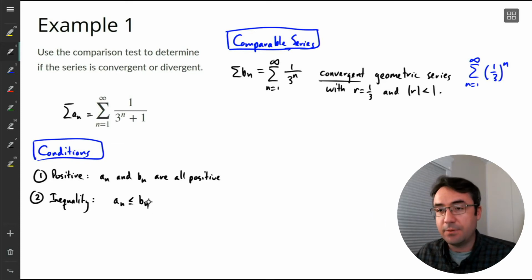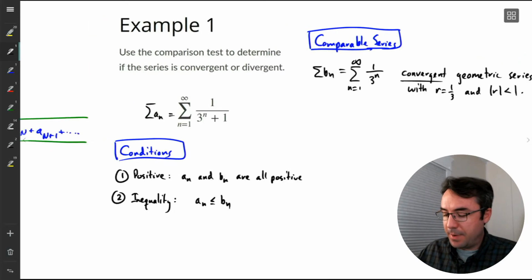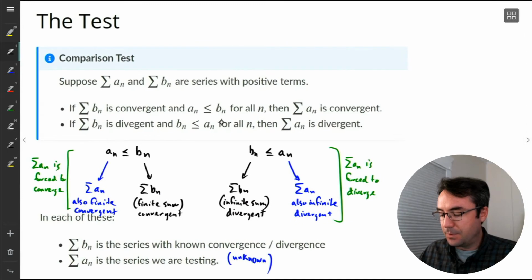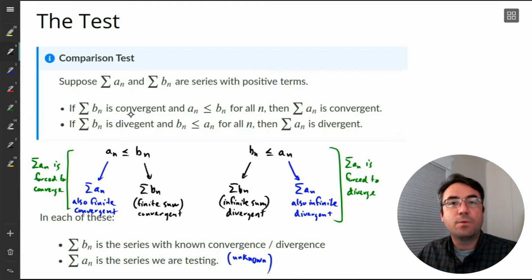This is the inequality we have to show. And the reason we use that, if we go back to the statement of our test, is that we have two potential inequalities, and we have to use the one for when sigma bn is convergent, because the one we're comparing it to is convergent. So this is the inequality we're going to try.